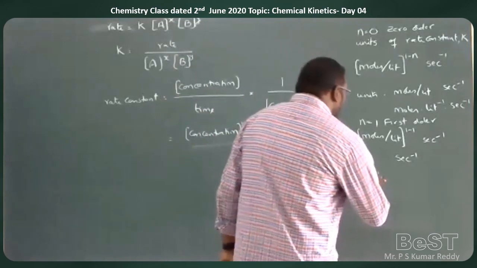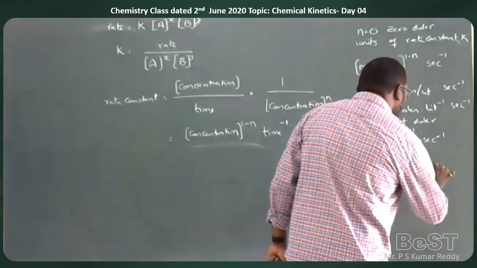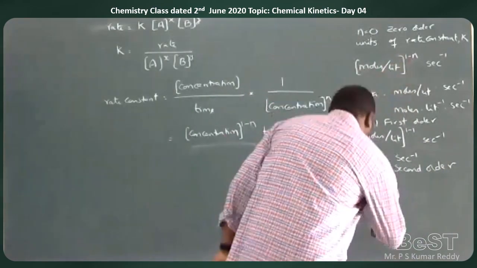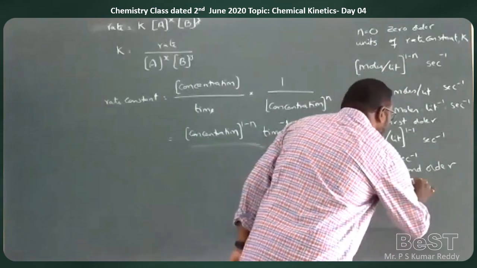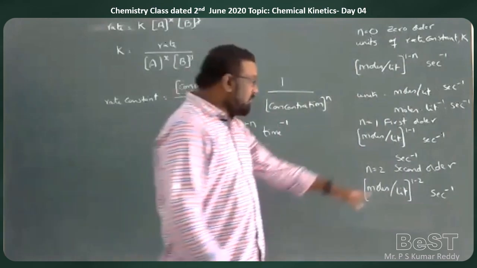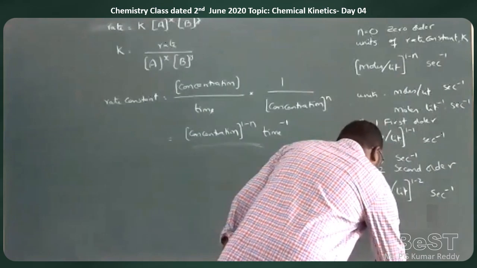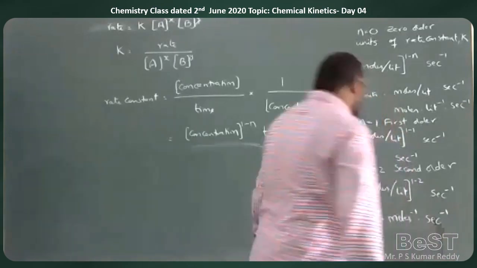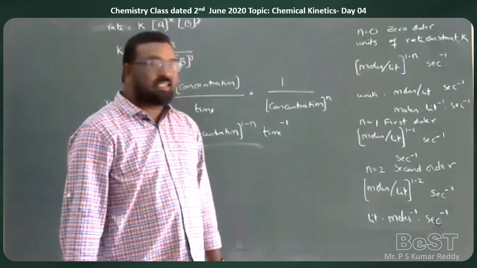In the same way, if I take n is equal to 2, that means a second order reaction, in the place of n I have to take 2. That means moles per liter to the power of 1 minus 2 seconds inverse. So 1 minus 2 is minus 1. Then I get liters, moles inverse, seconds inverse as the units for a second order reaction.